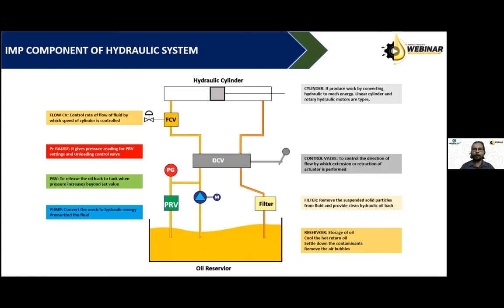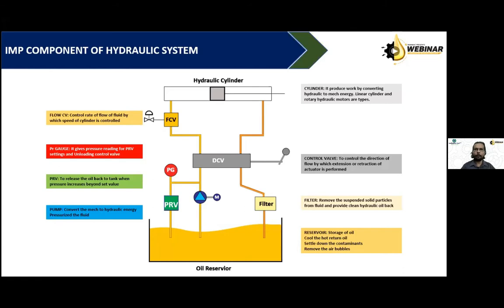Still we have particles in oil in the range of 5 to 15 micron or 15 to 25 micron. Those particles, when they enter into fine clearances, will again damage the spool and damage the body. Sometimes they will lead to sluggish operation of the valve, or sometimes complete stuck up of the valve during opening or closing.